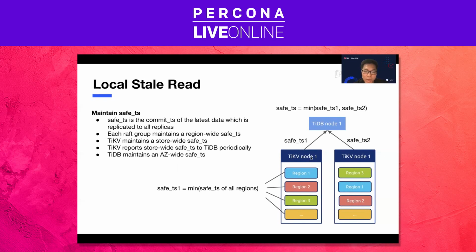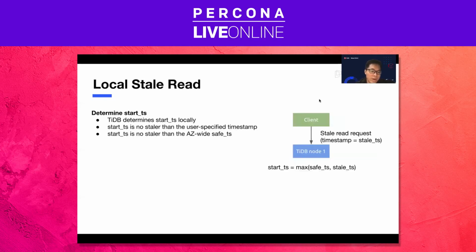Then TiKV reports the store-wide safe TS to TiDB, so TiDB can maintain an AZ-wide safe TS. In this picture, the AZ-wide safe TS is the minimum of all the store-wide safe TS. Then any snapshot after the AZ-wide safe TS can be read immediately. Now it's very simple to determine the start TS for the transaction.